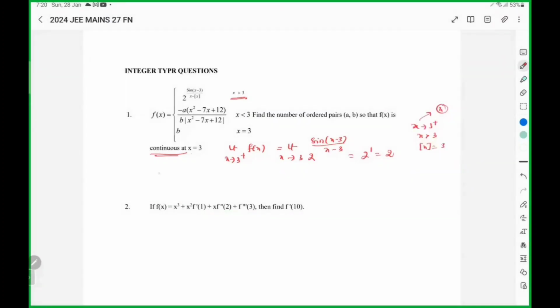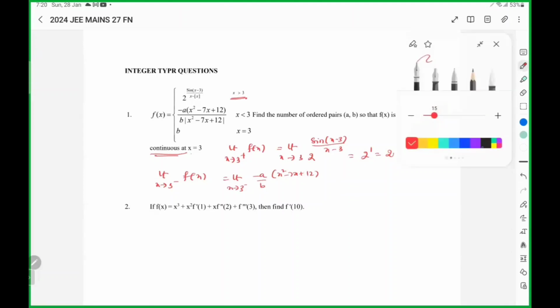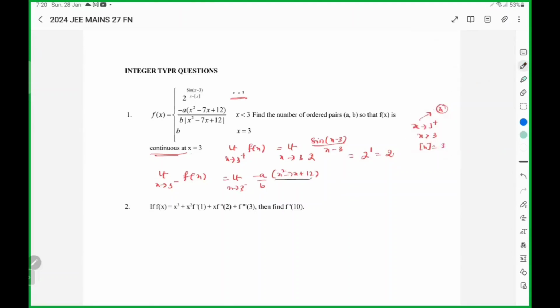So for left limit, 3 minus f of x. 3 minus f of x means minus a by b, x square minus 7x plus 12 by, where modulus is there, x minus 3, x minus 4 I write. So x is slightly less than 3, 2.9. If you take 2.9 minus 3 negative, it is also negative. Product will be positive.